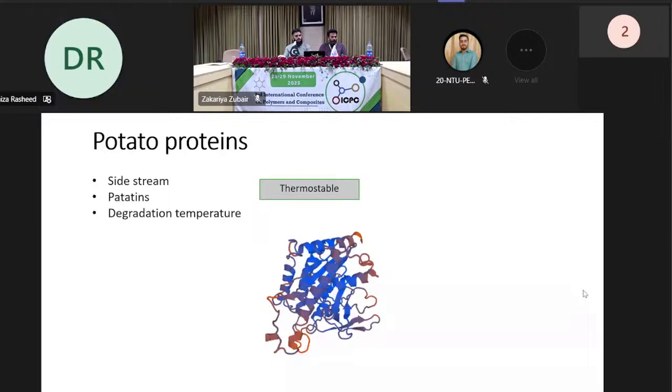In the industrial production of starch, the monthly production of proteins is in millions of kilograms. So we thought that we could use this protein, and the answer was that we could use the proteins when they are thermostable and not degraded during the starch extraction by heating.